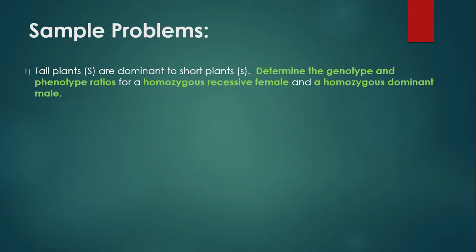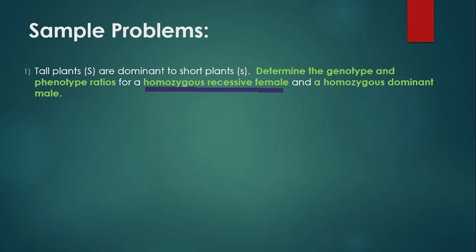Okay, so you have to take note of the given. In here, it has been written a homozygous recessive female. So how are you going to write a homozygous recessive female?